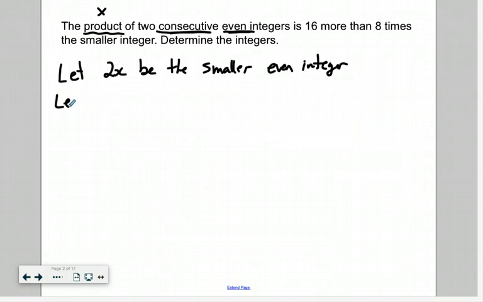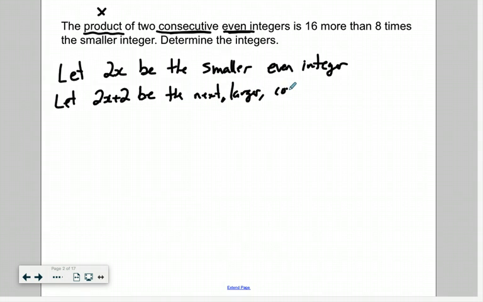So then we have our second let statement where let 2x plus 2 be the next, and obviously larger, consecutive even integer. Okay, so we have two numbers represented, right? So the first and the second even, represented by 2x. The fact that they're consecutive, it's 2x and then 2x plus 2.